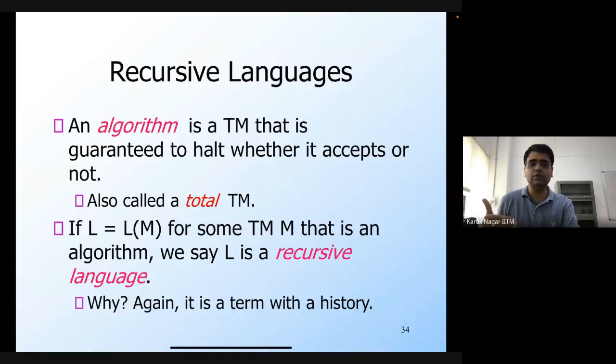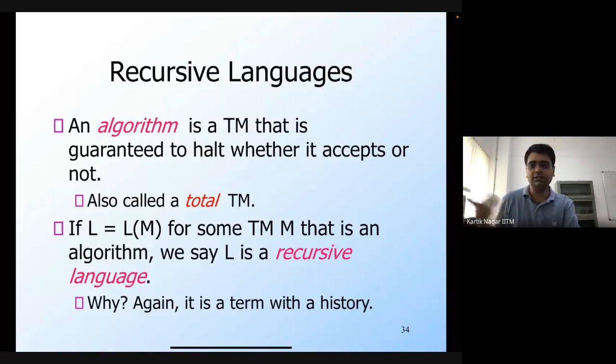But if you have a recursively enumerable language, and you want to find out whether or not some string belongs to this RE language, then if the string does belong to the RE language, the TM will definitely halt. But if it doesn't belong to this language, then it may halt or it may not halt.